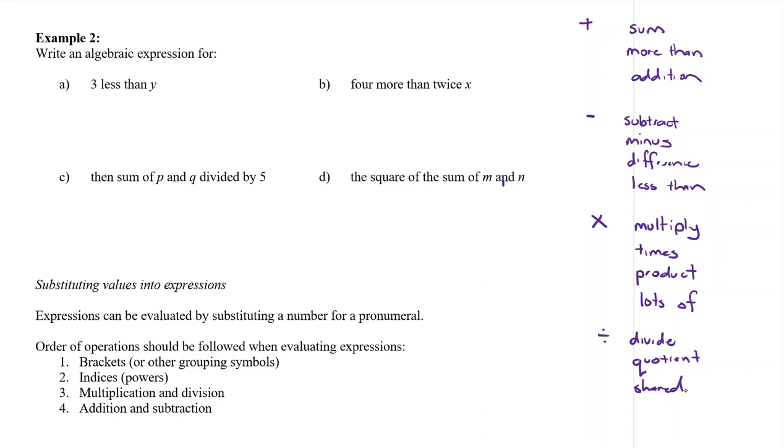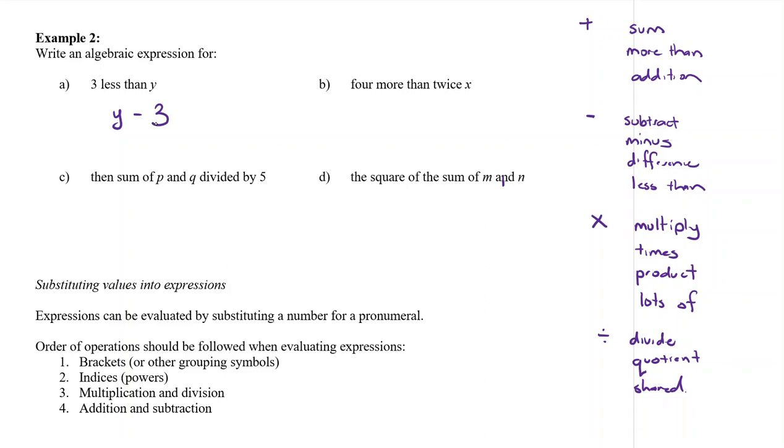Okay? So you get a different answer if you reverse where the numbers are. So you've got to ask yourself, which one is being subtracted? The 3 being subtracted or the y being subtracted? When it says 3 less than y, the 3 is being subtracted. So even though the 3 is first, I need to subtract the 3. So when I write it down, the y is first, and then I subtract the 3. Okay, so be careful with minus signs.